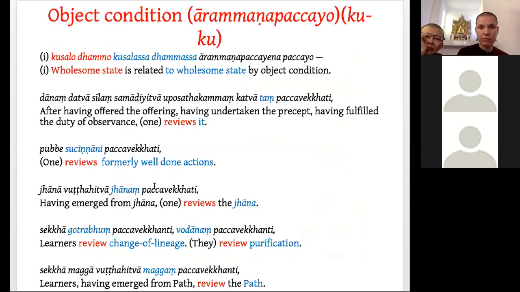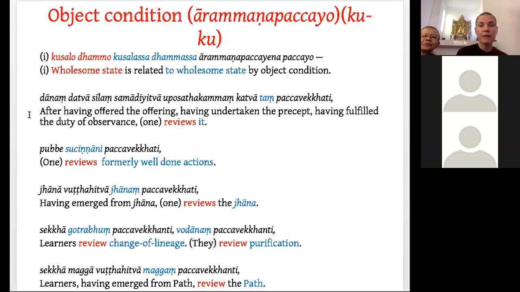So first of all, we look at how a wholesome state can be related to a wholesome state by object condition. The text begins just with the statement that yes, a wholesome state is related to a wholesome state by object condition. And then we have an elaboration. Dānaṃ datvā sīlaṃ samādiyitvā uposathakammaṃ katvā paccavekkhati.